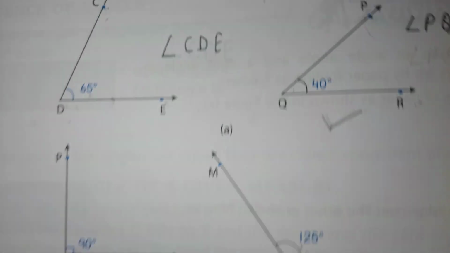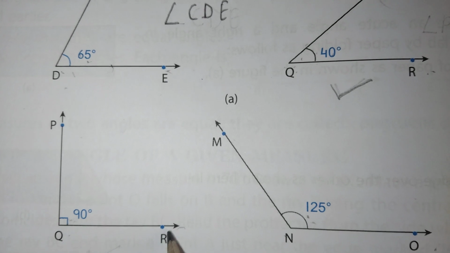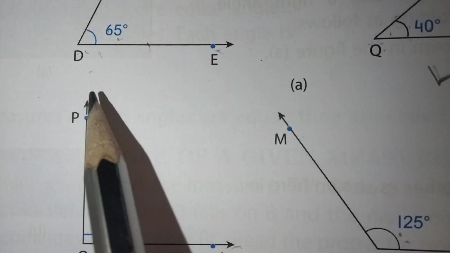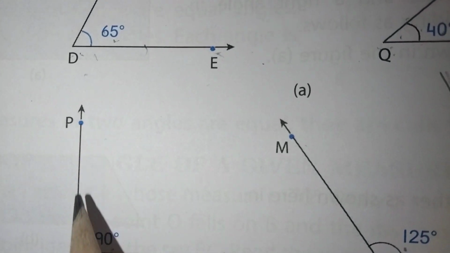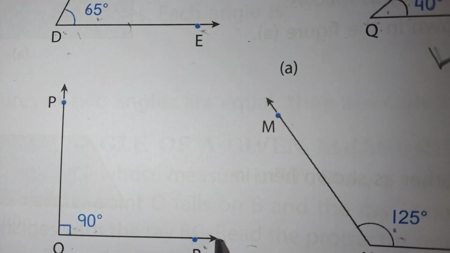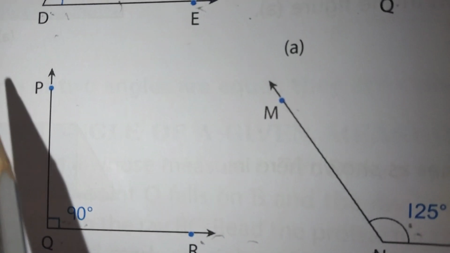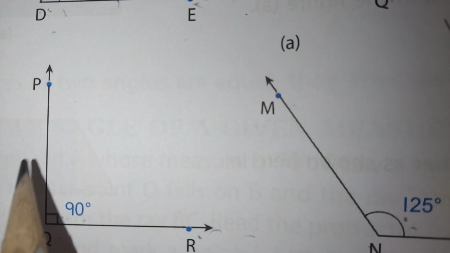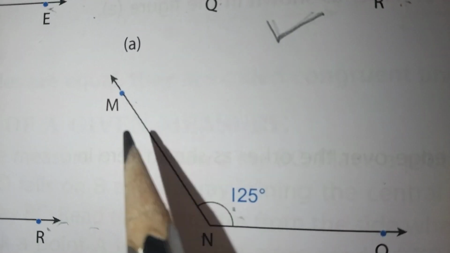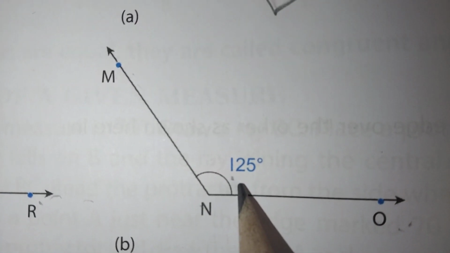Okay, let's move to the B part. Here angle PQR is 90 degree, and as you know children, the L shape, the straight line, and one is the sleeping line. This angle is always 90 degree, the L shape. So here it is a 90 degree angle and the angle MNO is of 125 degrees.